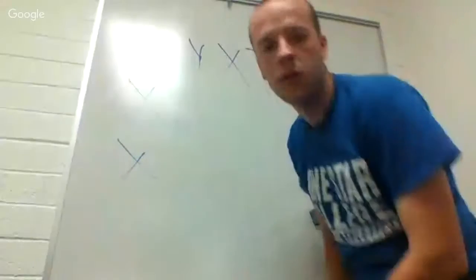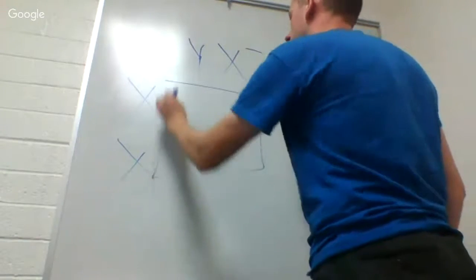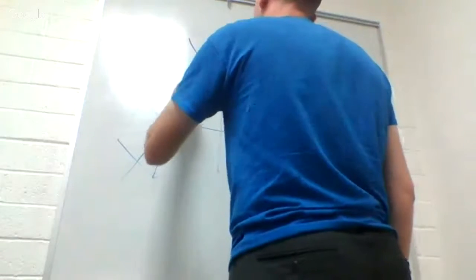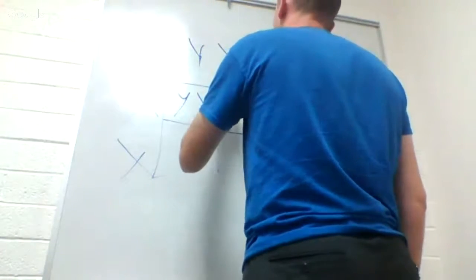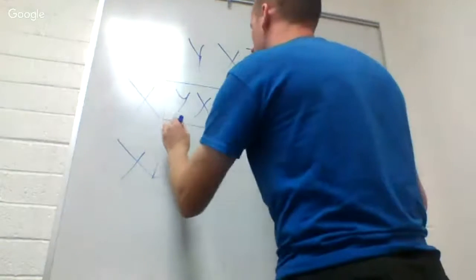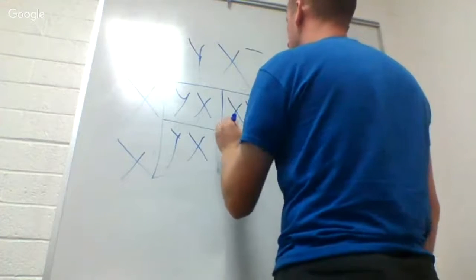The female is not affected, so she's going to be like that. We do the cross. So we have that. We have that. We have that. And then we have that.